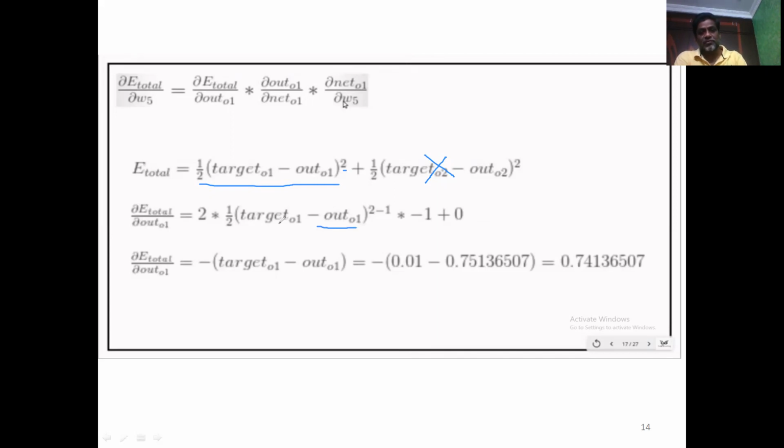The other term is going to be 0. So this is a simple derivation calculation, which becomes 1 into minus of target O1 minus out O1, or out O1 minus target O1.